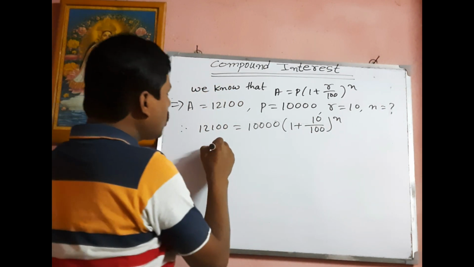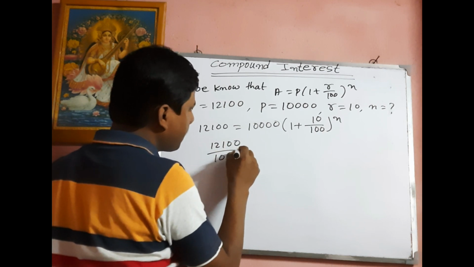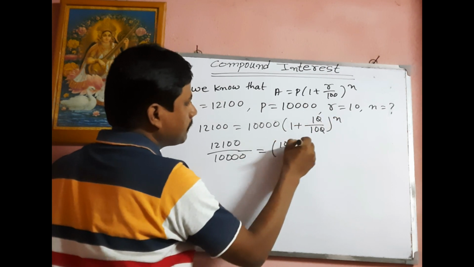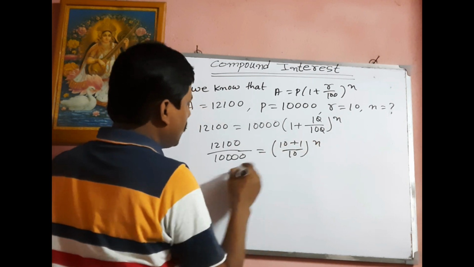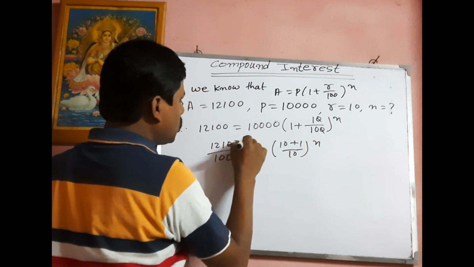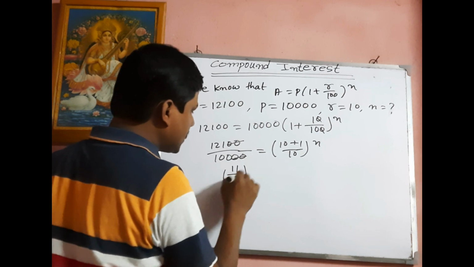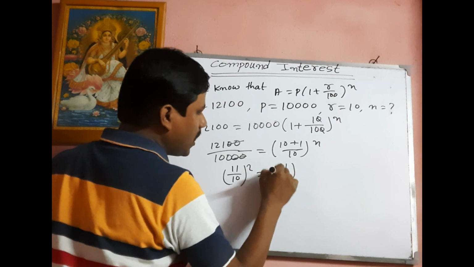So calculating, we get 1200 by 1000 vanished. So this will be 11 by 10 whole square. And similarly here 11 by 10 to the power n.